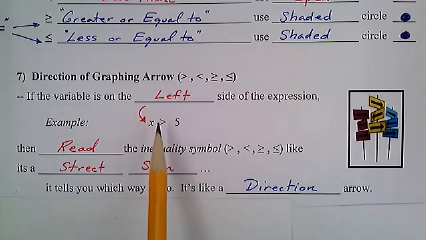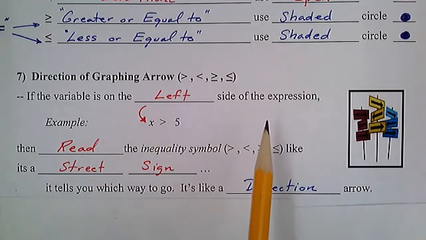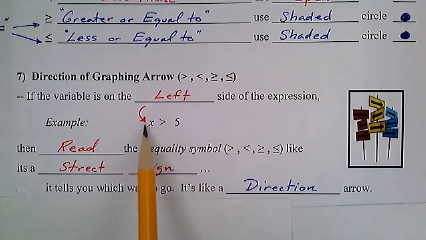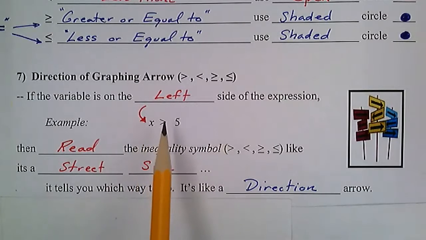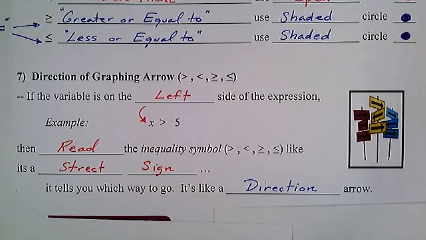So right now, if I'm looking at that street sign, it looks like it's pointing to go to the right, okay? So we'll do a couple examples here, but if your variable, this is really important, if your variable's on the left side, and we read like we're reading a book, we read from the left to the right, I want you to treat that like it's a street sign. It's telling you which direction to graph.